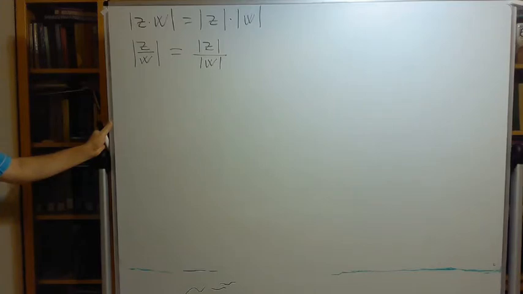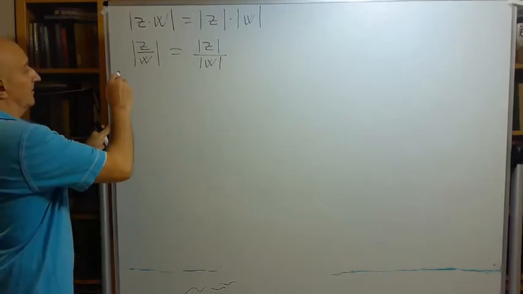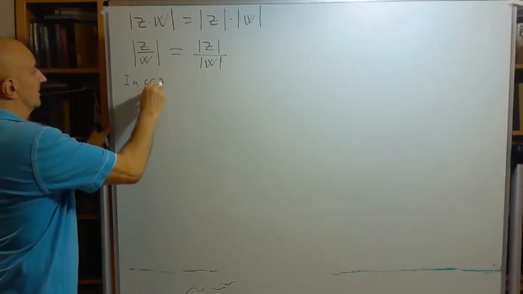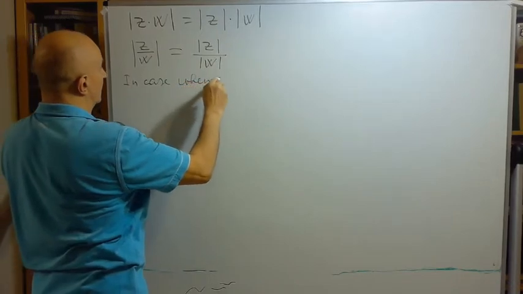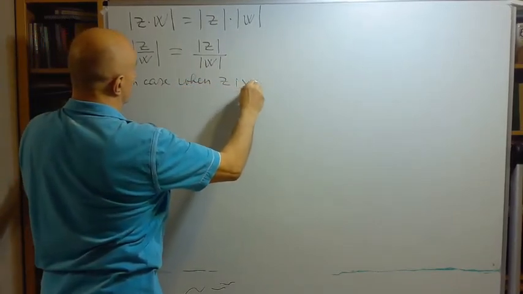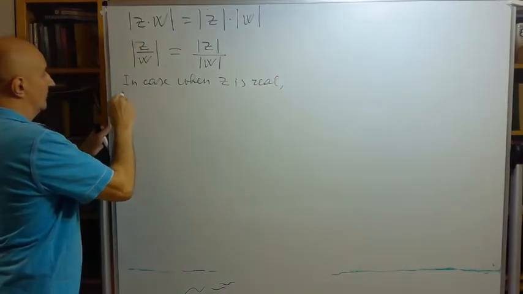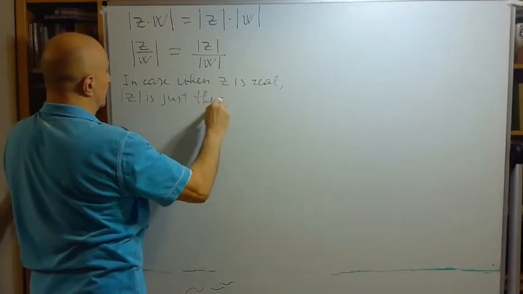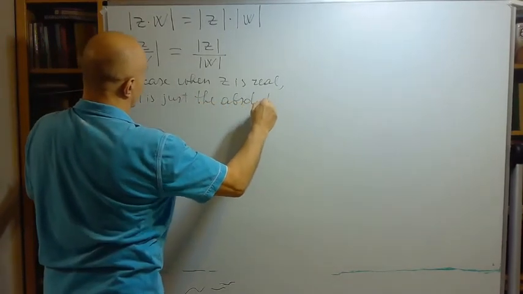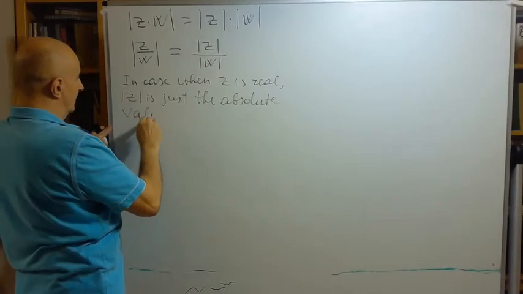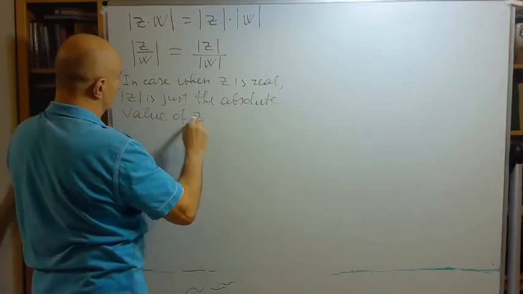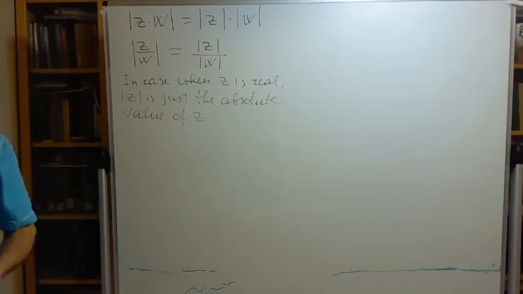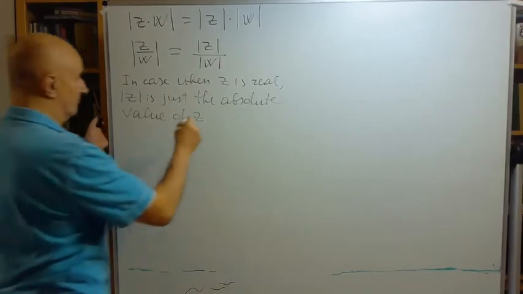Of course, it will not work for addition, the same as with absolute values, yes? I will make a note that in case when z is real, modulus z is just the absolute value of z, and the meaning of this absolute value is the same.